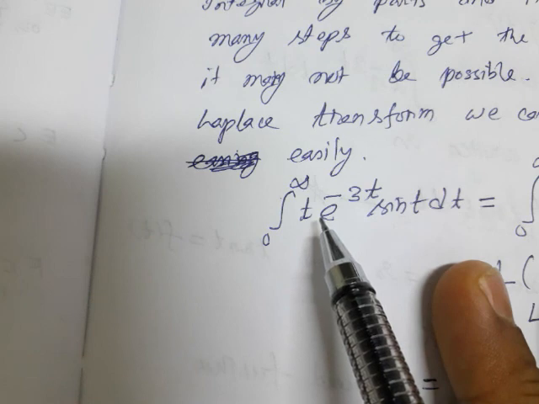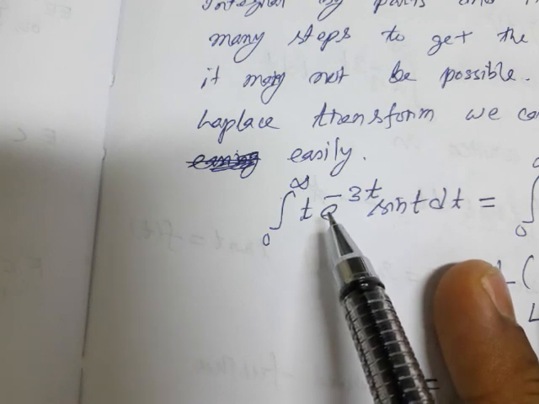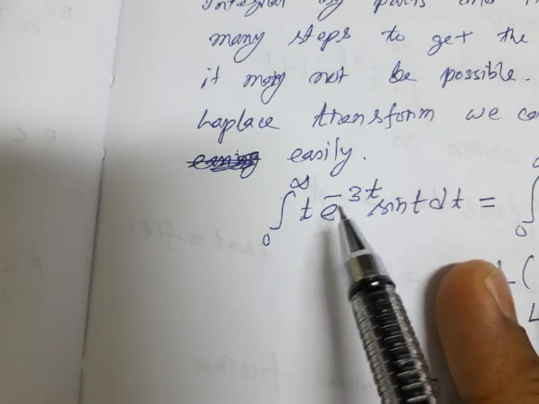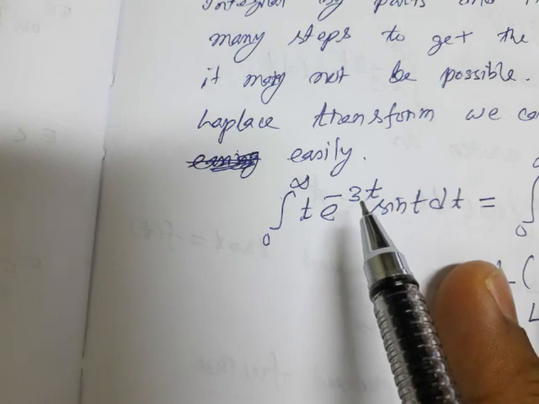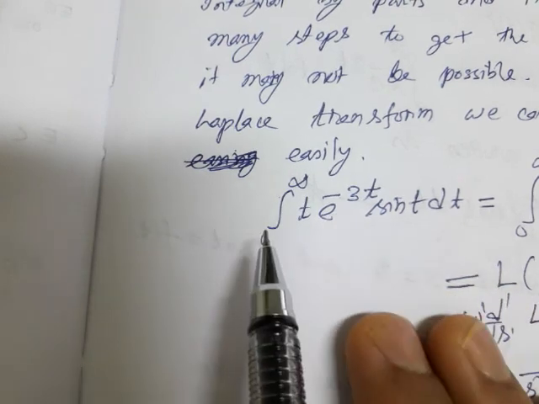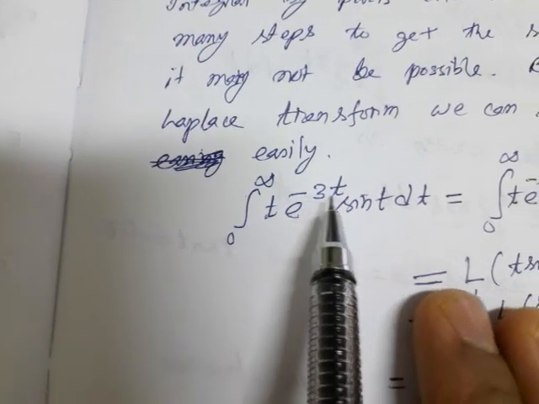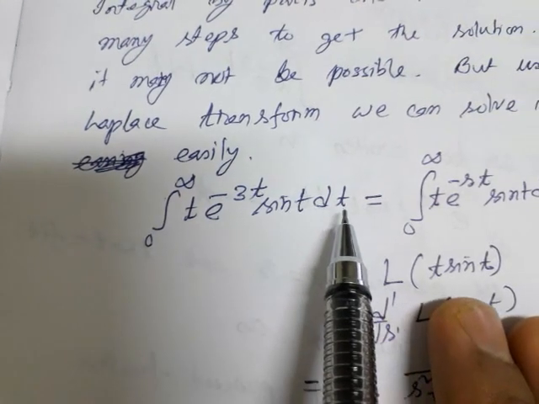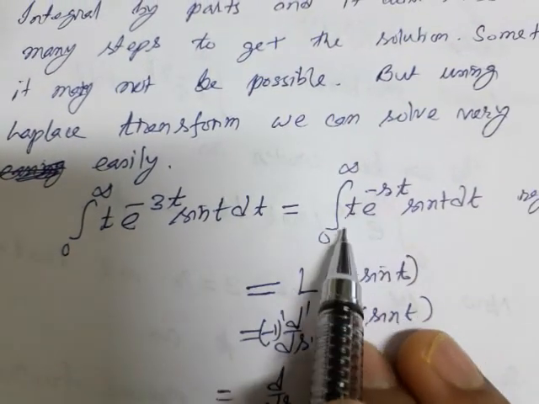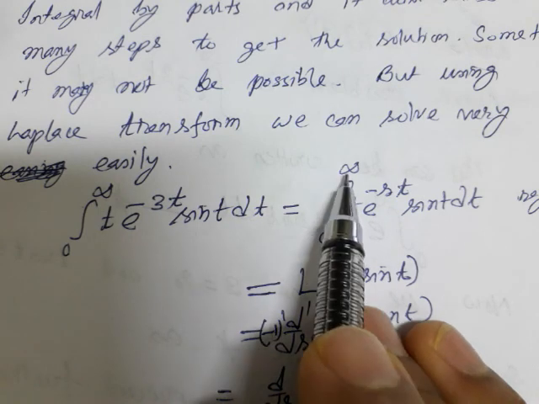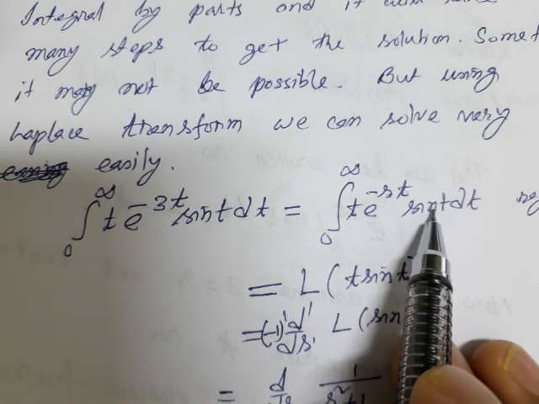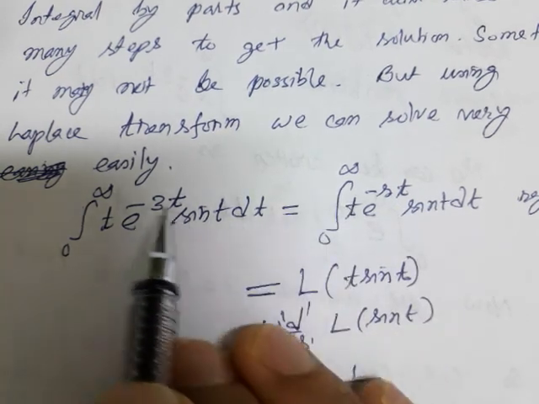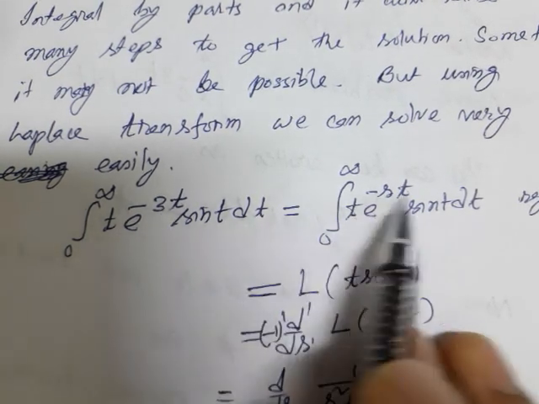Now see how much time or calculation is required using the Laplace transformation. The integral from 0 to infinity of t e to the power minus 3t sine t dt. Here we have written the integral from 0 to infinity of t e to the power minus st sine t, where 3 is replaced by s.